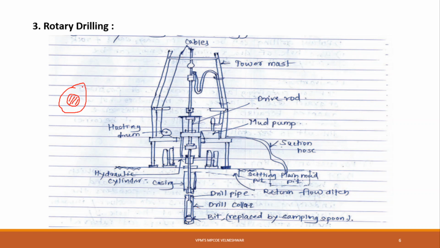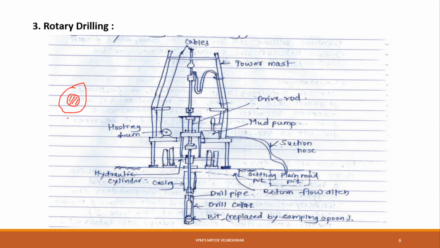The annular space means the empty space between the hollow pipe and the casing, and from that annular space the drilling fluid is carried out, between the drill rod and the wall of the hole.